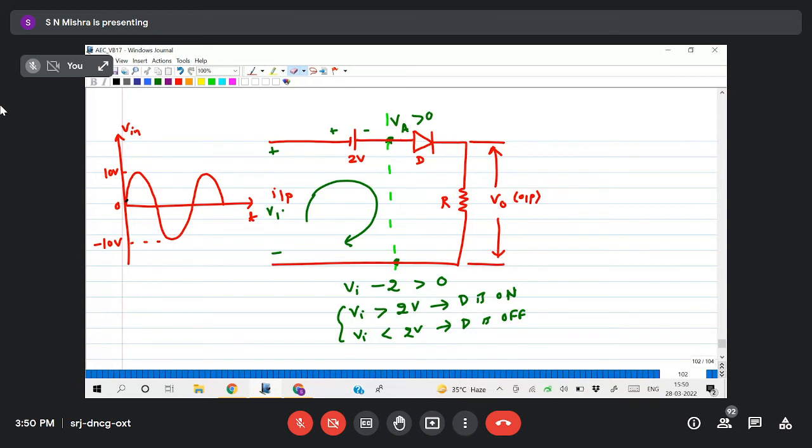Tell me what is the condition first. At what condition will my diode be on? Tell the condition, quickly.